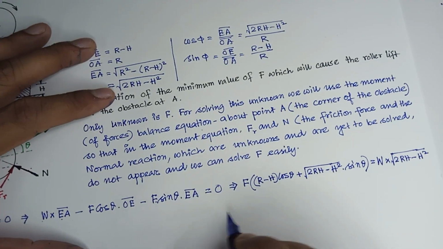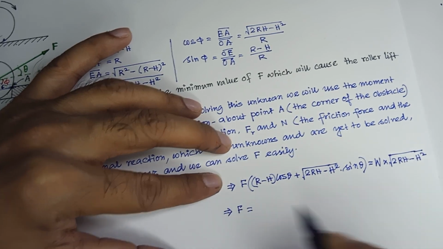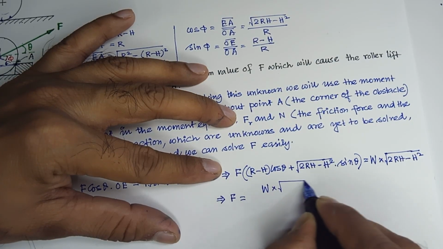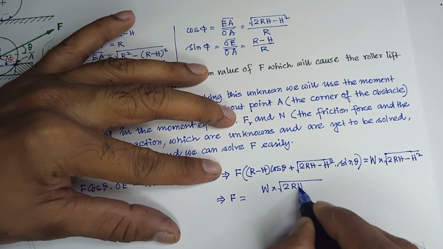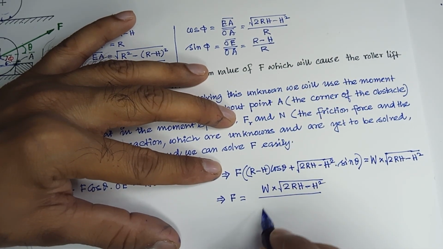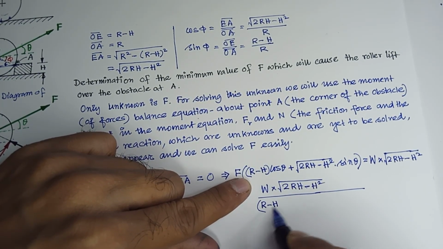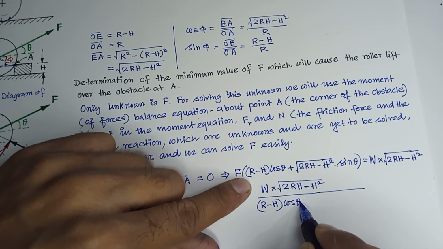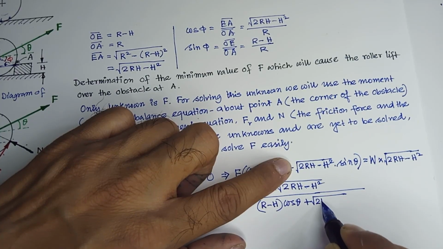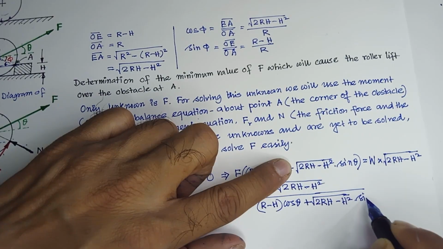Okay, so the desired solution F is equal to W multiplied by the square root of 2RH minus H square, divided by (R minus H) cos theta plus the square root of 2RH minus H square sine theta.